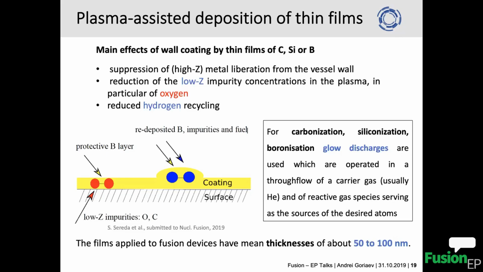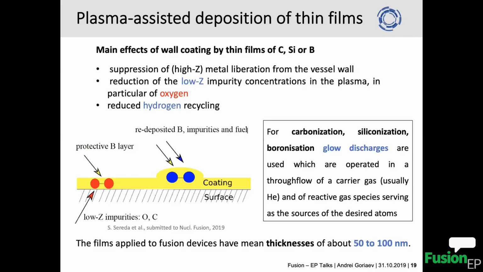But again, it depends on the type of your device. The lasting effect for tokamaks can be one to two operational days. In the case of stellarators, for instance, W7-X shows that it can be one month.